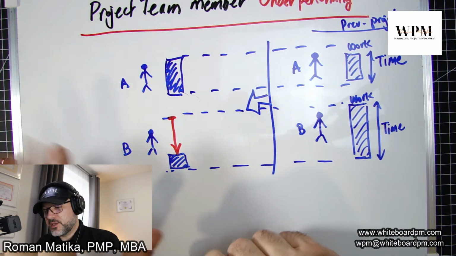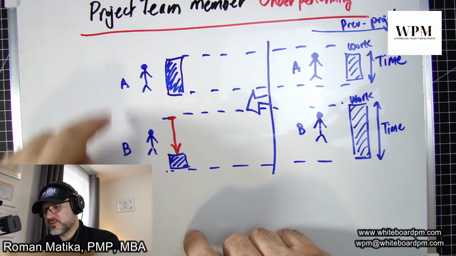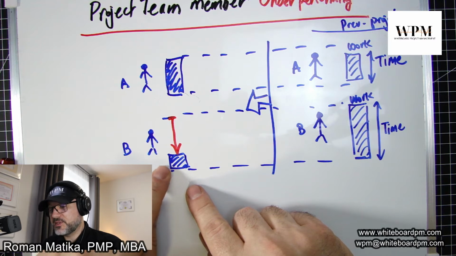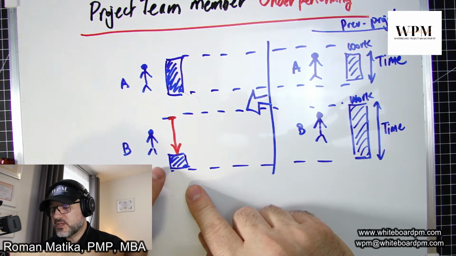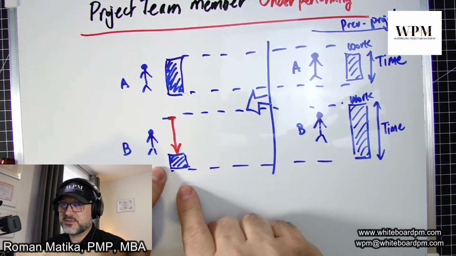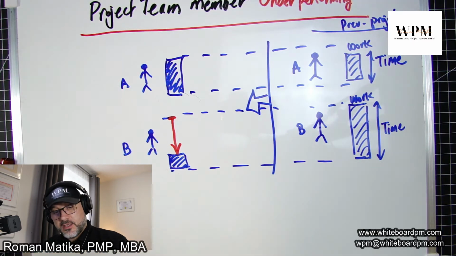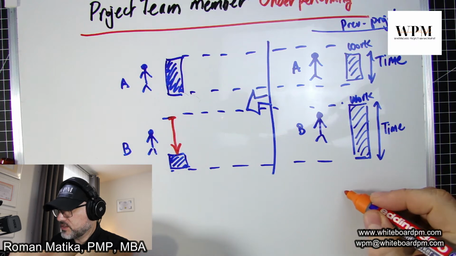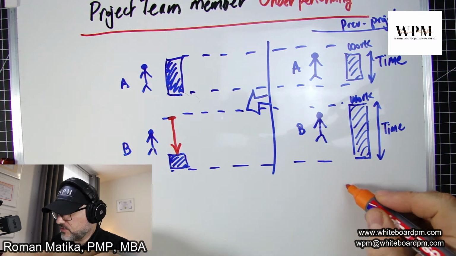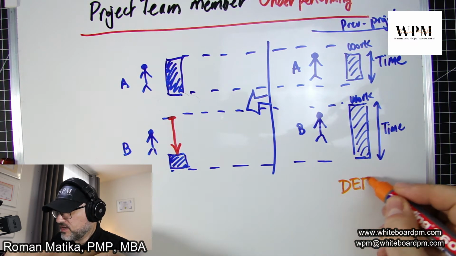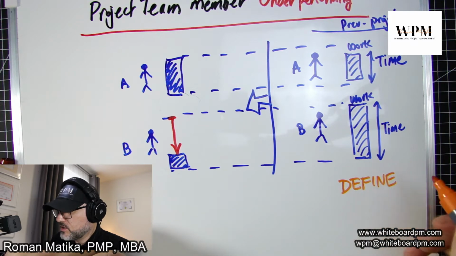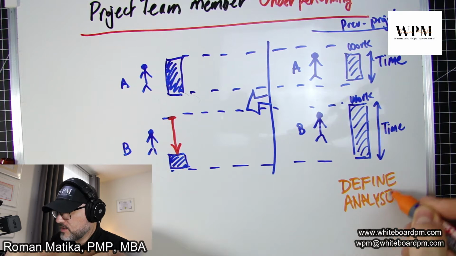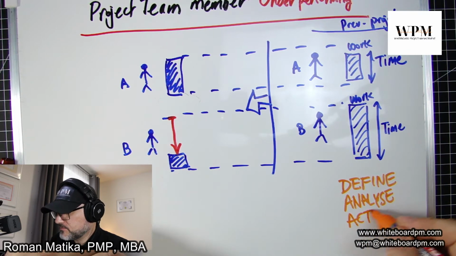First scenario, that one of those persons is underperforming, means that the underperformance is coming from one person. As we know, we need to always do the following: we need to define, we need to analyze, and we need to act.